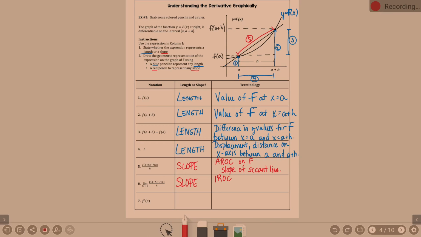This is instantaneous rate of change, which is comparable to saying slope of the tangent line. And this is going to be the slope of the tangent line at point a. How do we know that? Because a is the value being plugged in, instead of x, instead of saying x plus h minus f of x. a is your value being plugged in, so it's at point a.